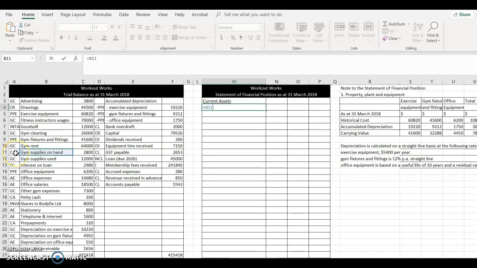Oh, not that one. It's actually a gym cost. Try again. Current assets. Petty cash looks to be our first.